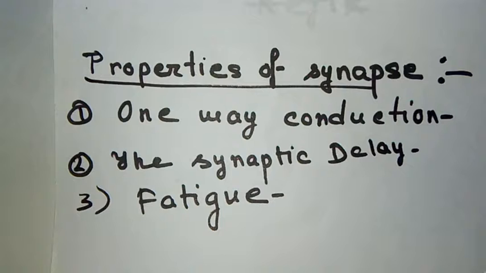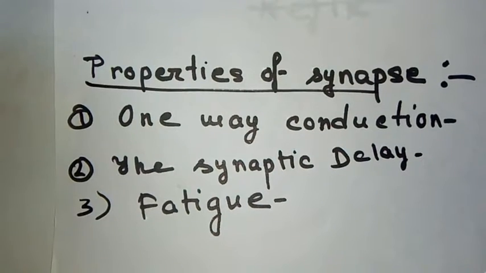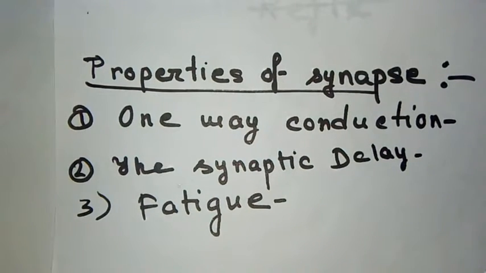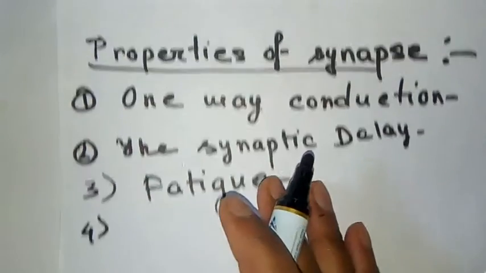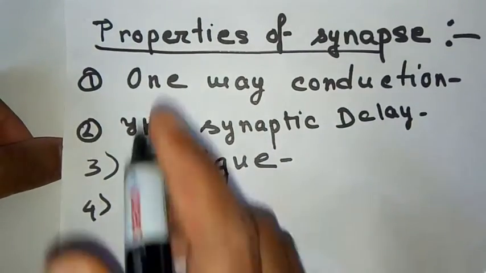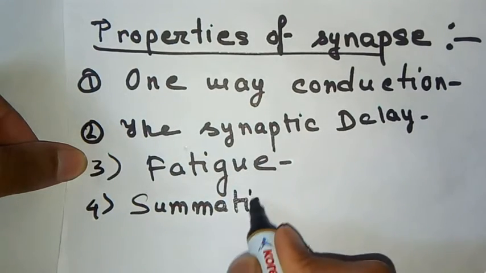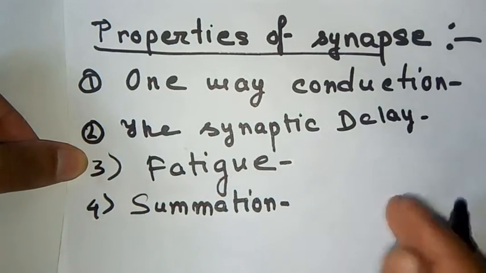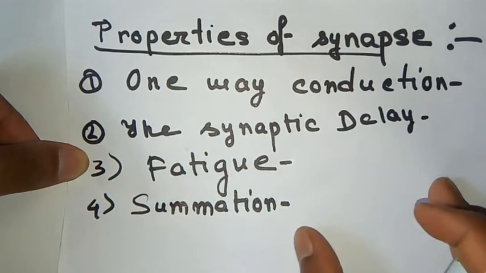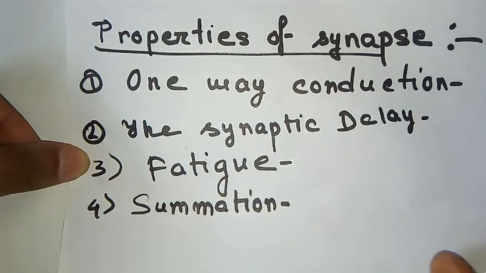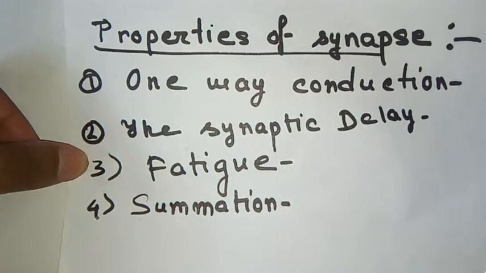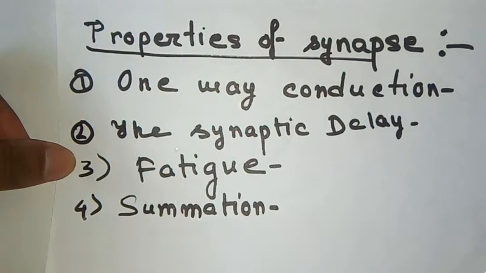Number four is summation. When many presynaptic excitatory terminals are stimulated simultaneously, or when a single presynaptic terminal is stimulated repeatedly, there is a summation, and there is a progressive increase in excitatory postsynaptic potential.